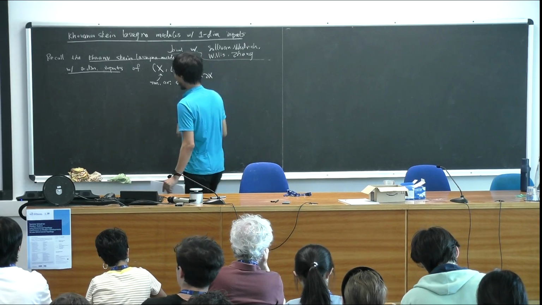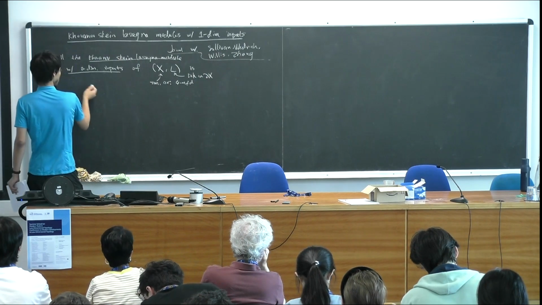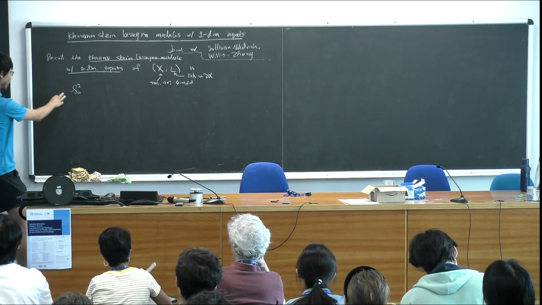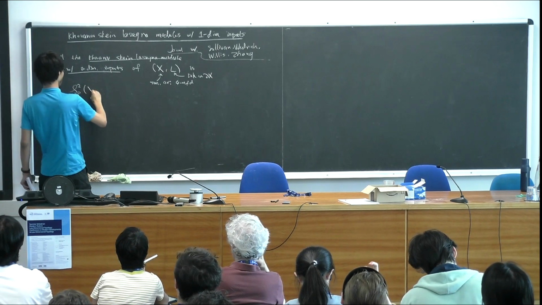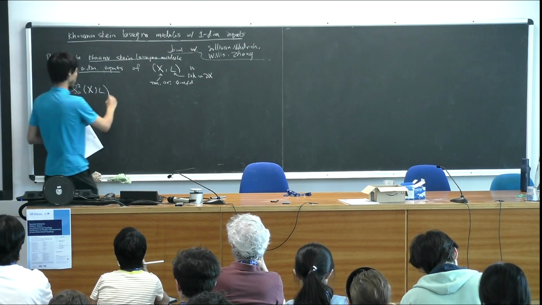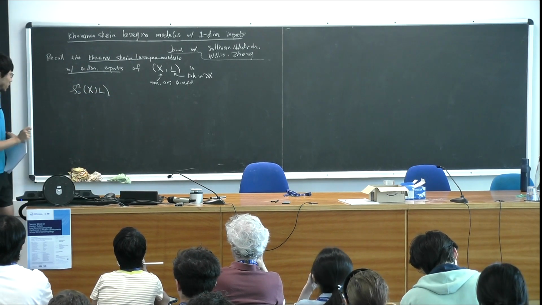This is an invariant of this pair, denoted by this script S_0(X; L). This is a vector space generated by lasagna fillings.